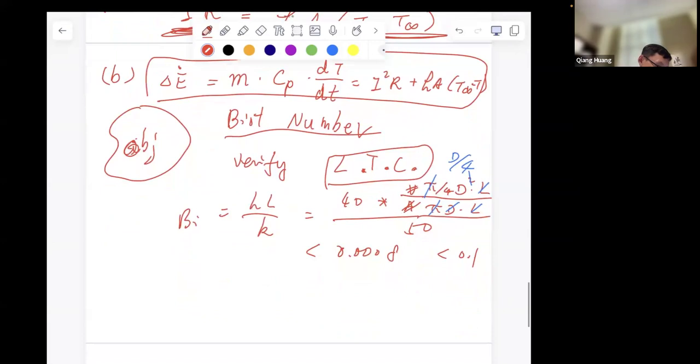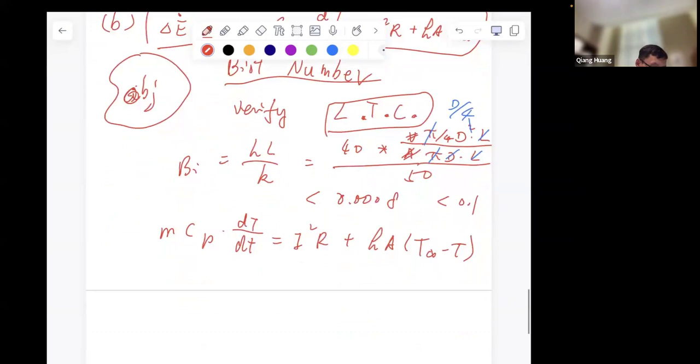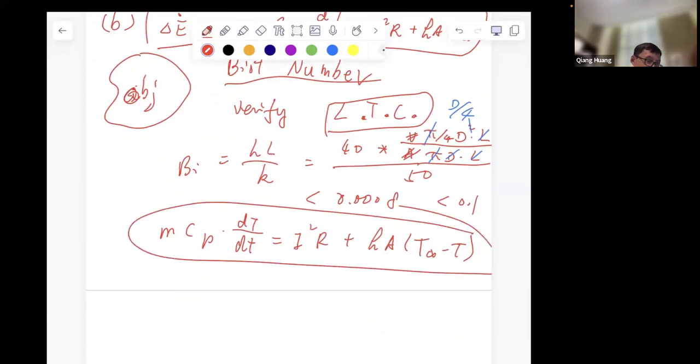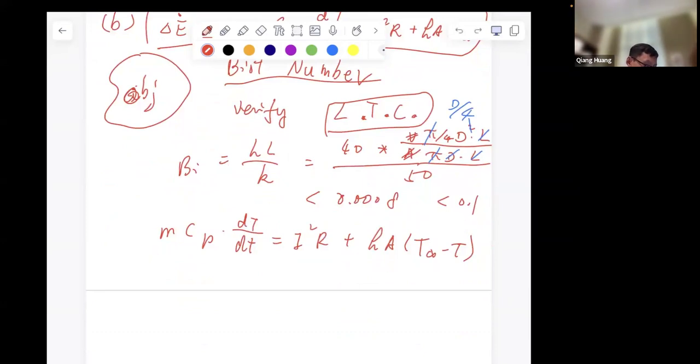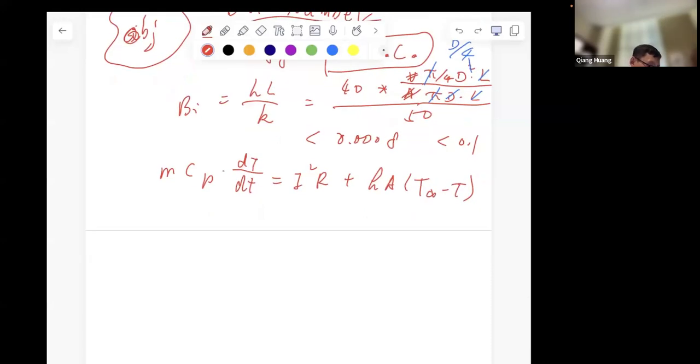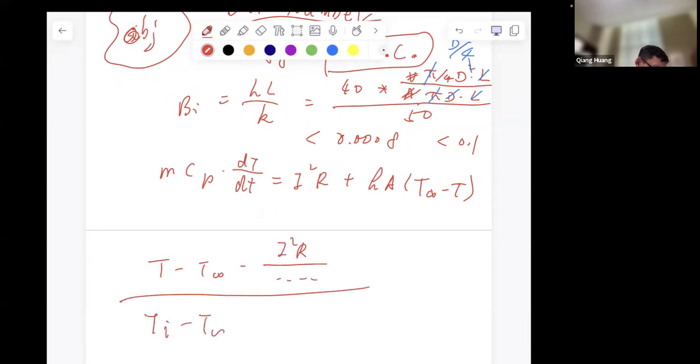And then once you have this equation, you just solve it. And then I realized many students actually don't write this equation, but somehow they got the solution of this equation. I cannot remember it now, but they have something like this, and then there's something here, and this is the initial temperature minus the infinite temperature.